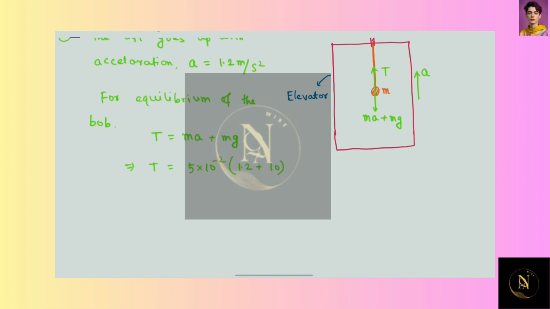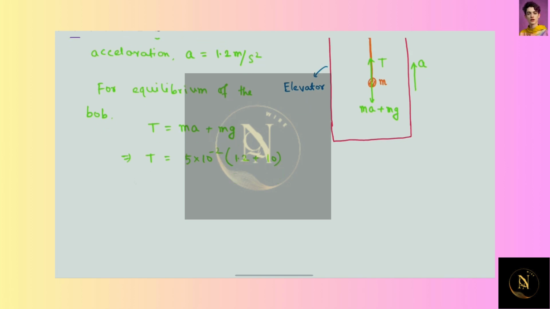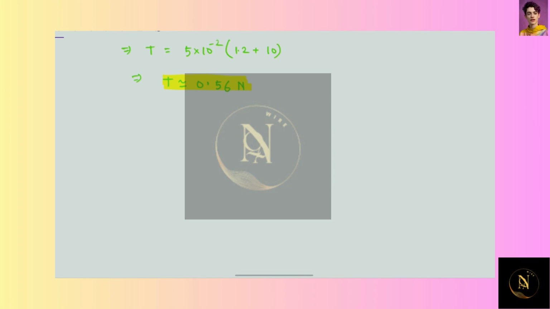On simplifying, this will be approximately 0.56 Newton. Here I have assumed that g is 10, so that's why I'm getting the tension force on the string as 0.56 Newton.